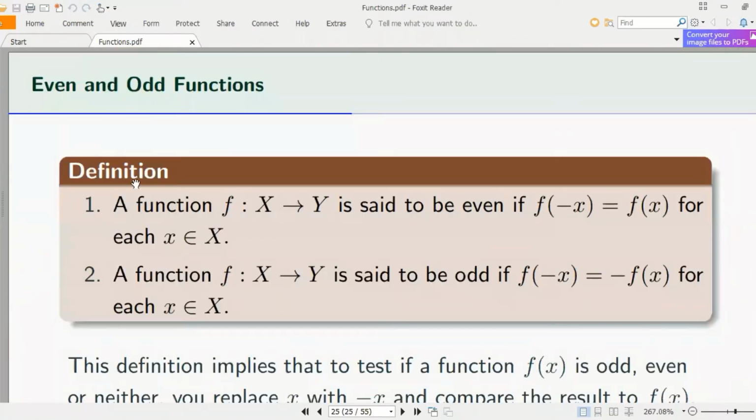Now, the next thing is even and odd functions. We need to know when we say that a function is even and when we say that a function is odd.